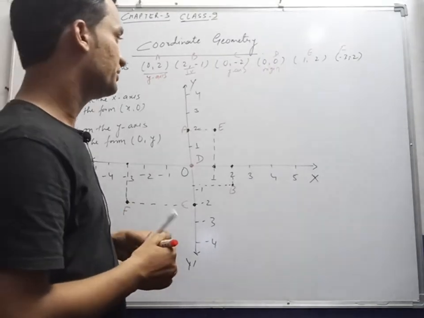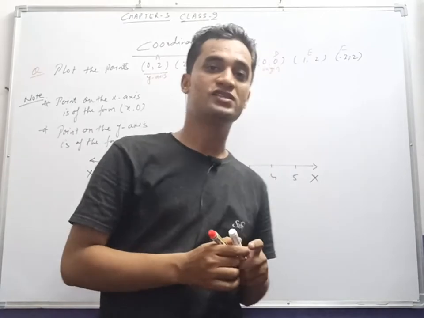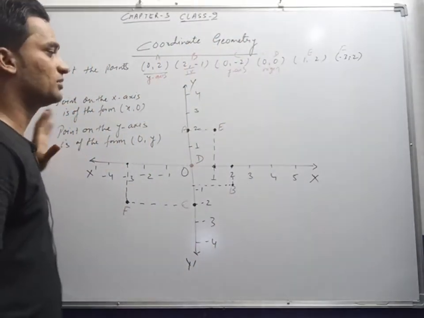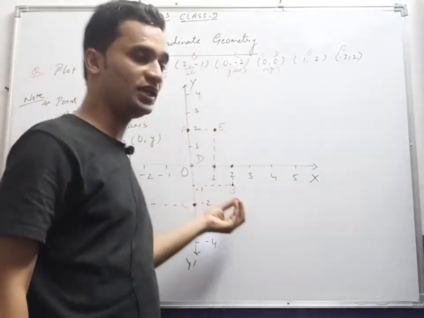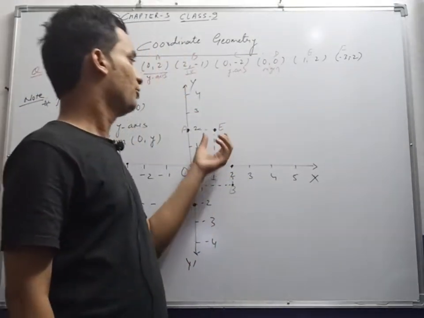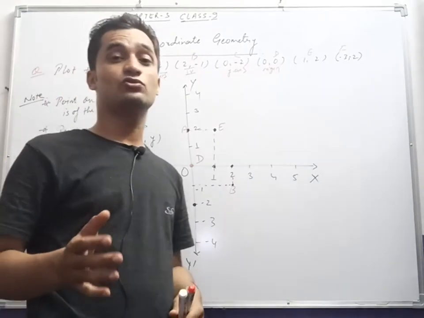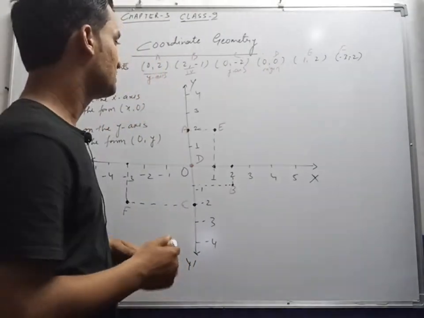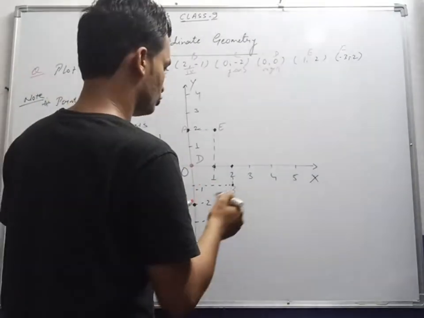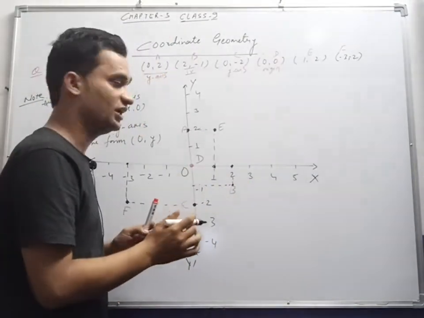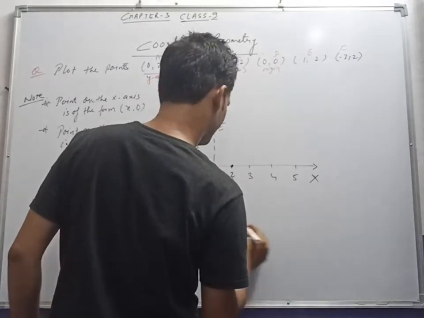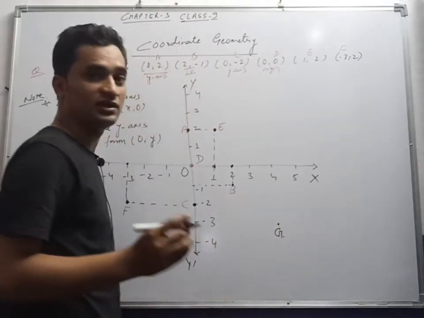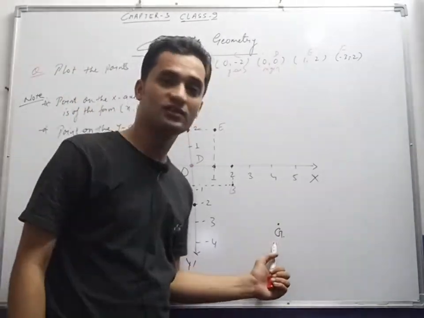So these are the basics for plotting the points, and all these are the key points. Sometimes the points are already plotted in your questions, and they are asking you to write the coordinates. For example, suppose I put a G point here, and I ask what will be the coordinate for the G point.